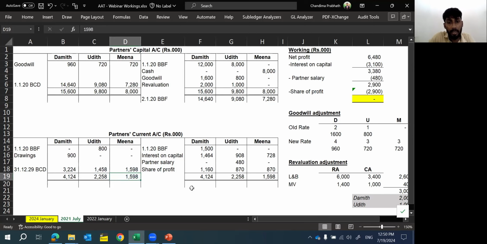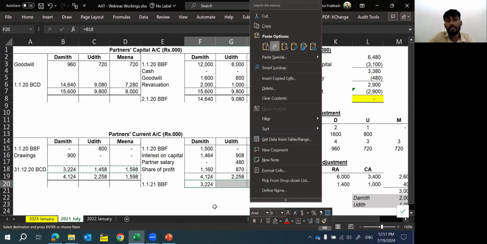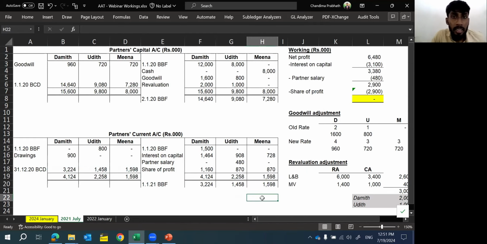Then 1st January 2021, balance brought forward. This figure. Okay, done. It's very easy, my dears. It's very easy for us. Done.